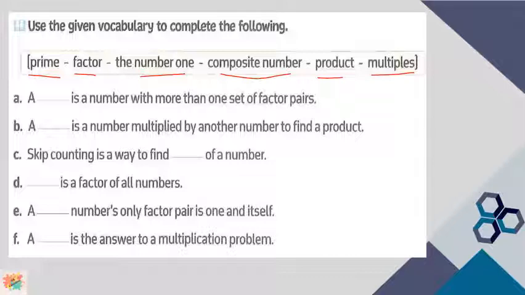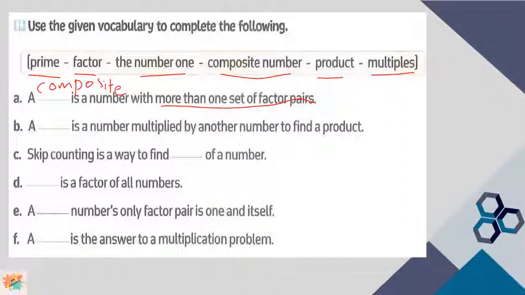A is a number with more than one set of factor pairs. مين هو النمبر اللي عنده more than one set of factor pairs؟ يا ترى prime number عنده more than one set factors؟ لا يا مستر، prime number عنده only two factors. امال مين؟ هقول له المفروض هيكون عندنا ال composite number. So this is the first number.